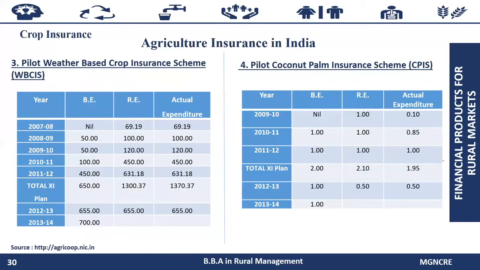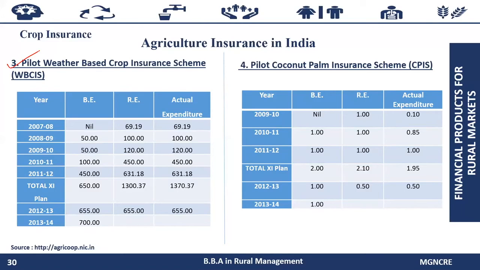Next, we'll see the pilot Weather-Based Crop Insurance Scheme. This scheme aims at providing insurance protection to farmers against adverse weather incidents like excess and deficiency of rainfall, or high and low temperature, humidity, and many others which could impact crop production adversely.